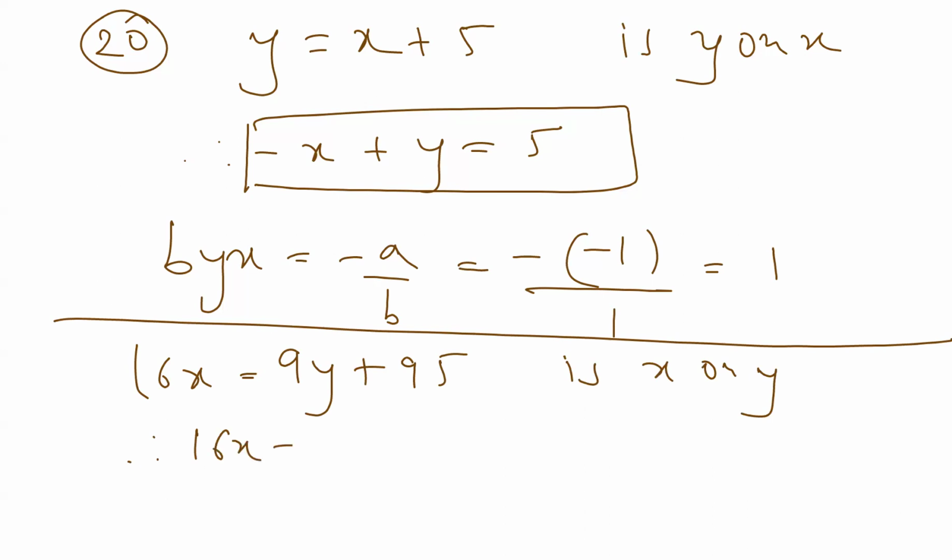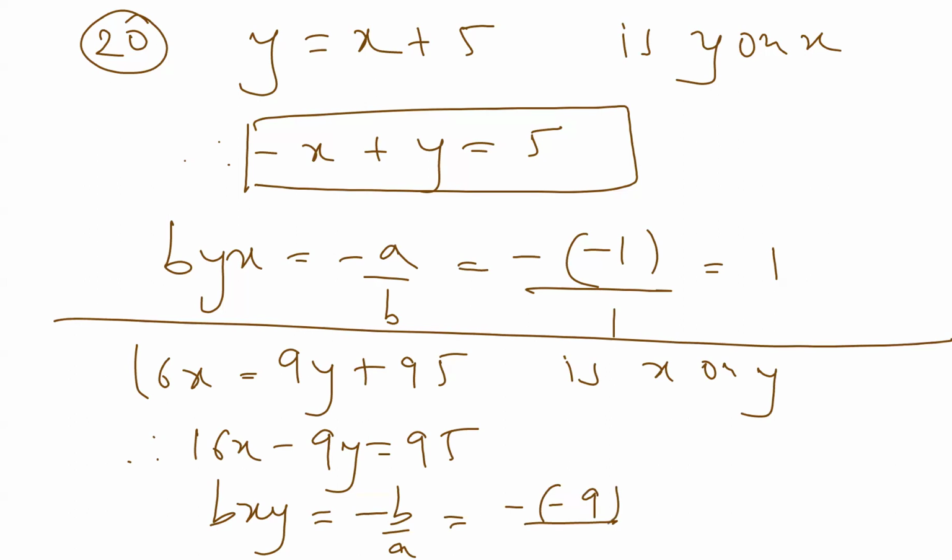Therefore, 16x minus 9y is equal to 95. As I said, bring x and y terms on the left hand side. So bxy is equal to minus b by a, minus of b is minus 9, and a is 16, so this is 9 by 16.